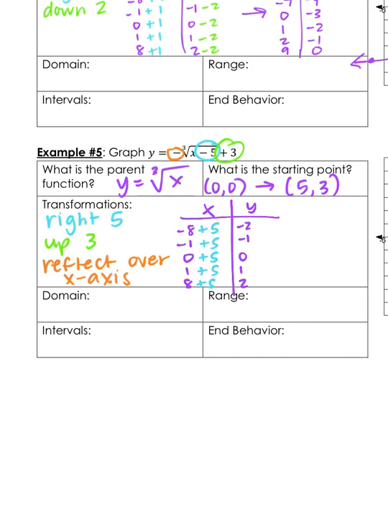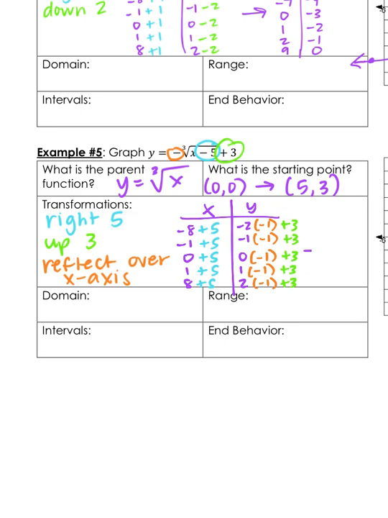And then I'm actually going to go ahead and do my reflection, because that means I need to multiply by -1 to get it to the other side. And we always want to do our multiplication first. And then I'm going to add the 3 to move those points up. You could technically go ahead and add the 3 and then flip it. It's totally up to you, but I prefer order of operations.